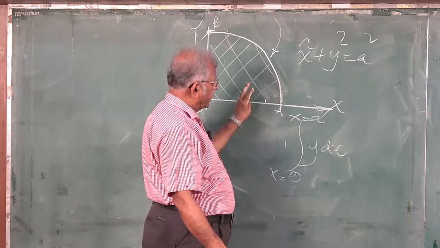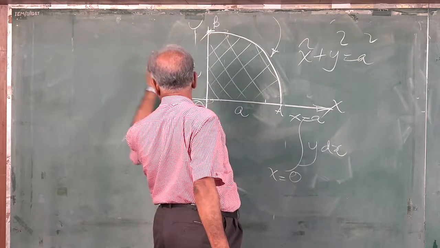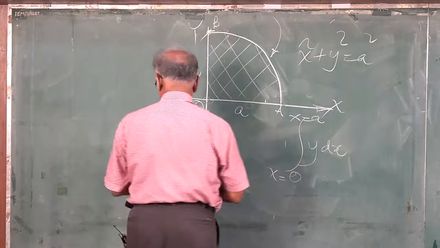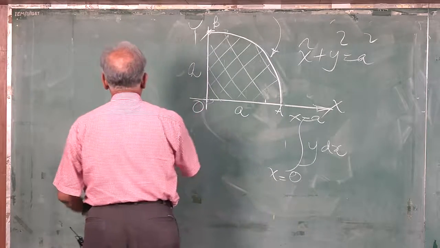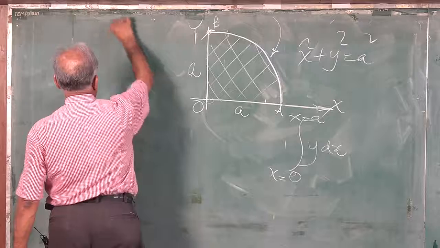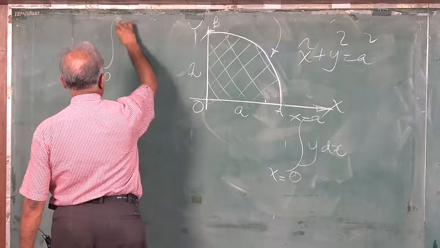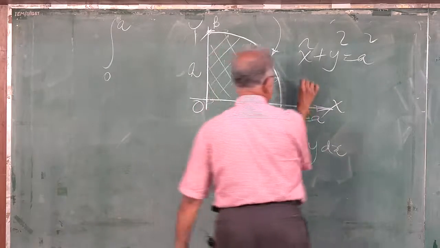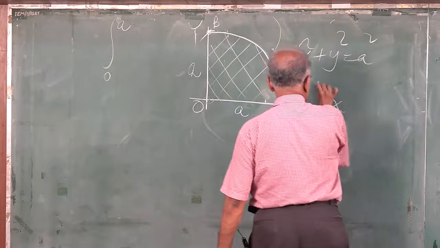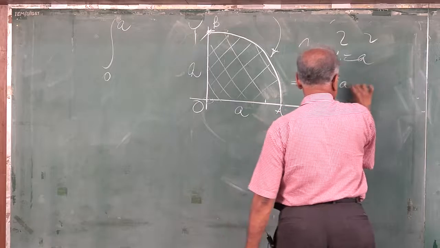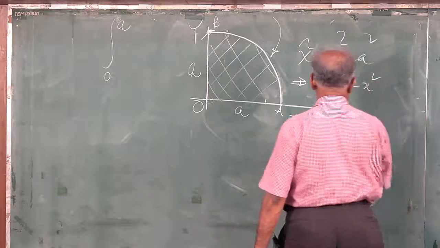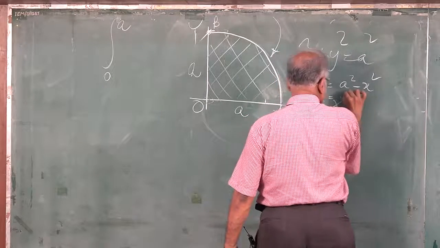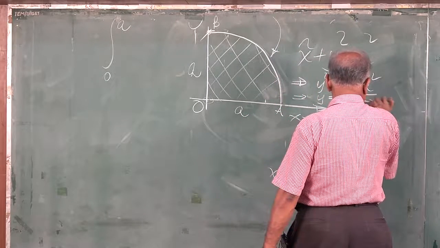So, we will rub out the diagram. Maybe we can do a bit of work here, let the diagram be alive. Now, here what we have to do is integral 0 to a of y dx. This implies that y squared is a squared minus x squared, and that implies, my friend, y is equal to under root of a squared minus x squared.